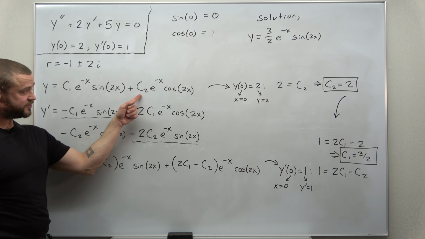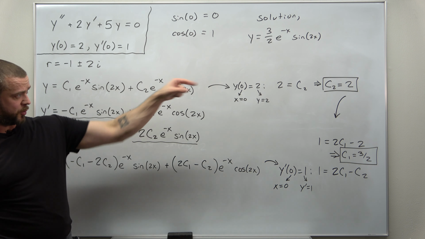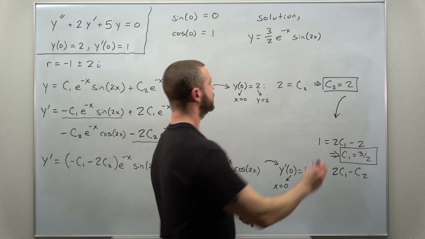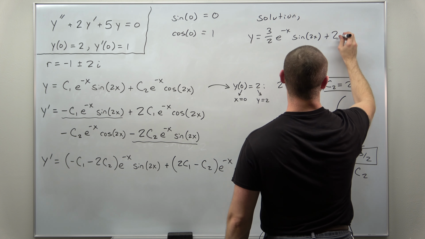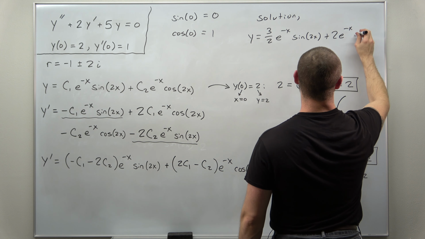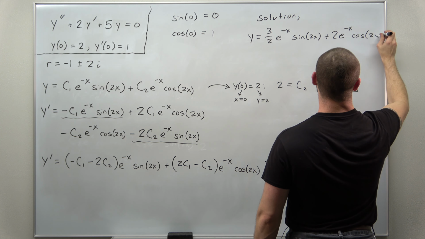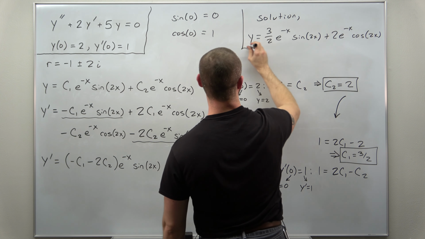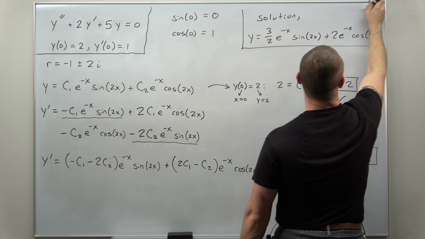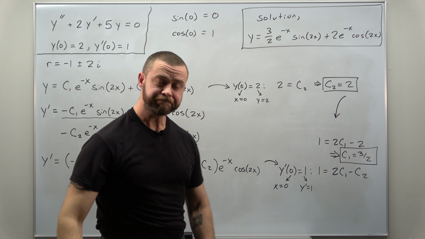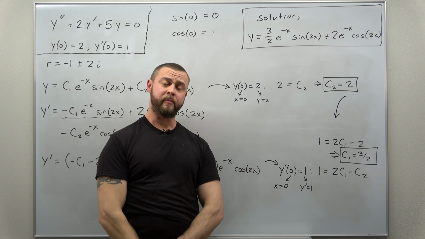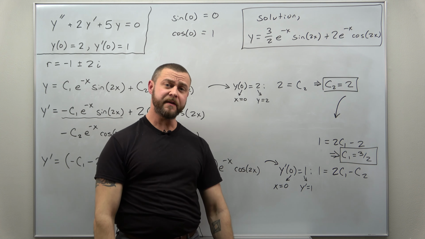And our value for c2, we found that all the way on the other side is 2. So plus 2 e to the negative x cosine of 2x. And there we go.